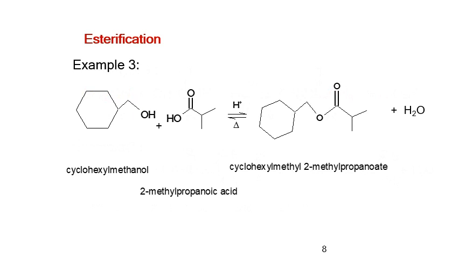The third example is cyclohexylmethanol treated with 2-methylpropanoic acid in the presence of acid catalyst under reflux, a reversible reaction, producing cyclohexylmethyl 2-methylpropanoate and water.